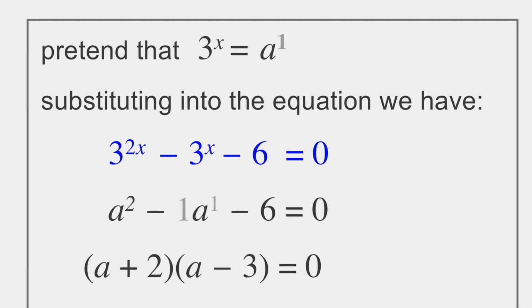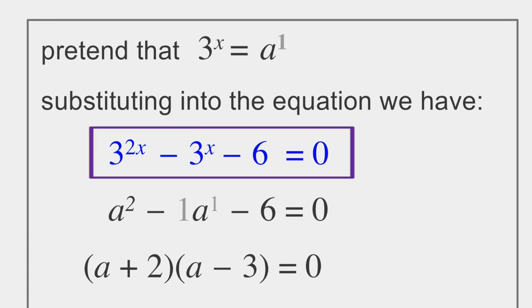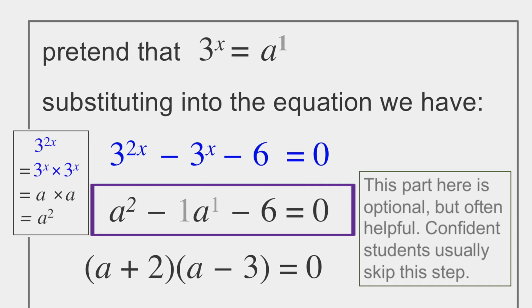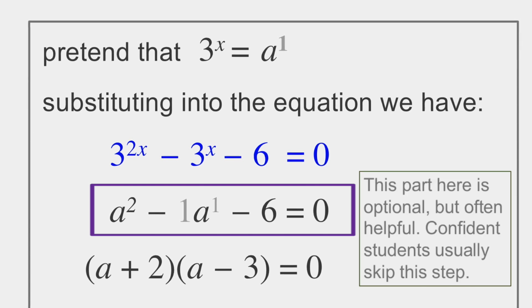So the equation that we're dealing with is this blue equation here. And when you substitute a for 3 to the power of x, you end up with this equation here.